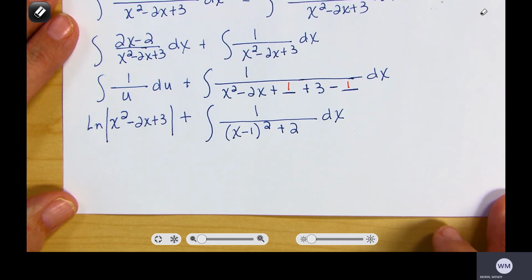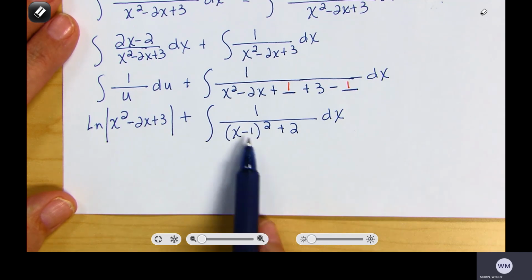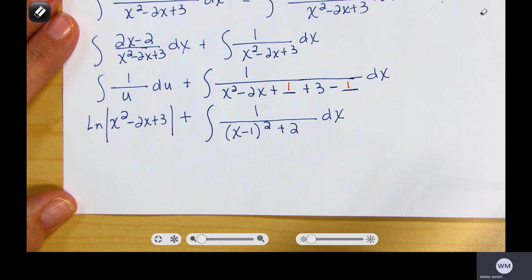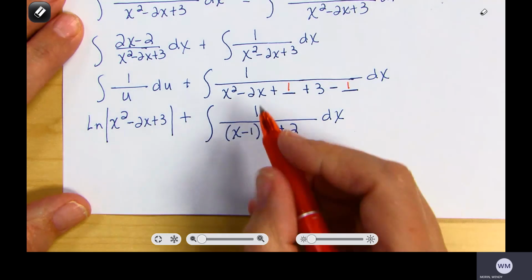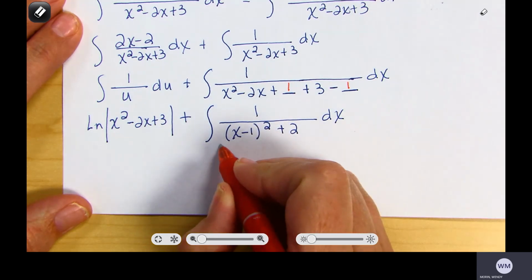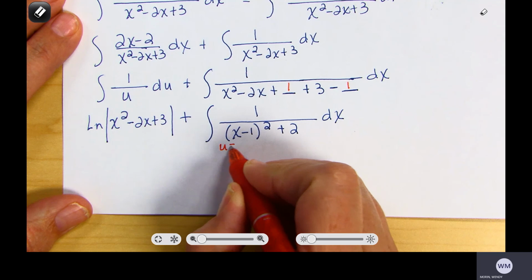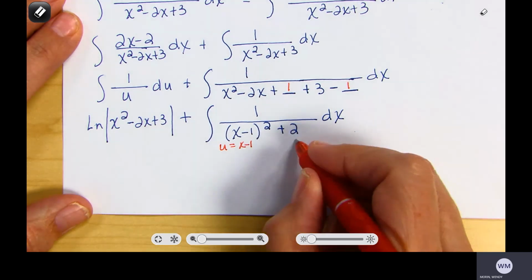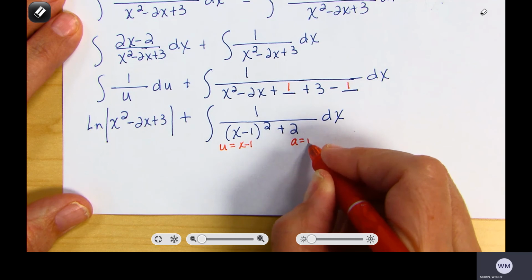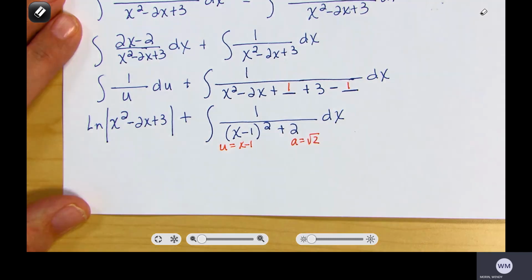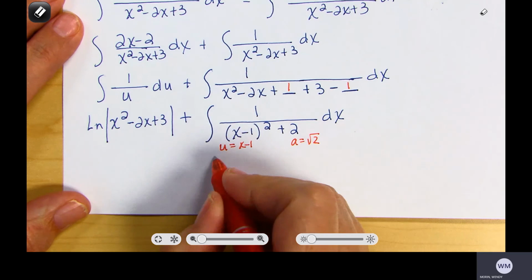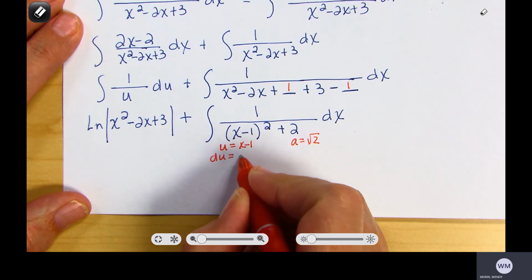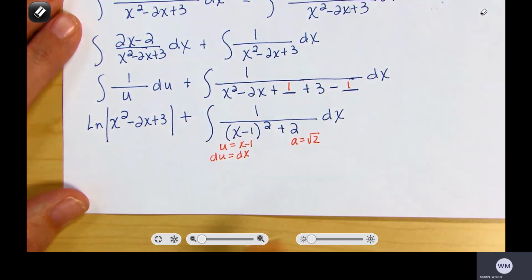Recognize that? u equals x minus 1. a equals the square root of 2. du equals dx.